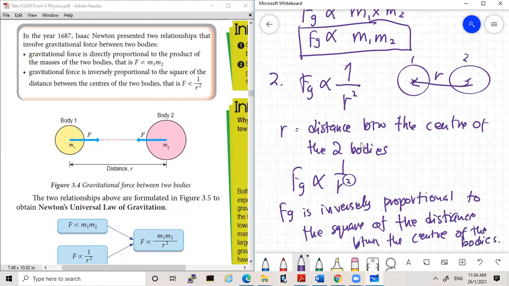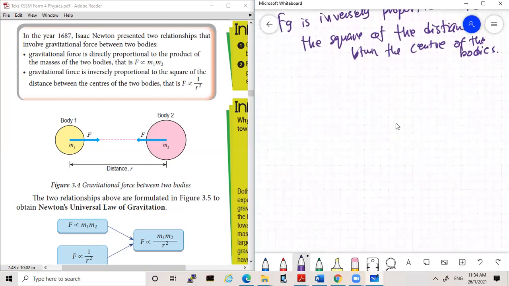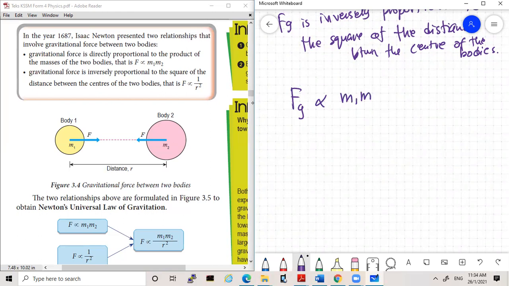Those are the two relationships given by Isaac Newton. If we combine these two relationships, the gravitational force is directly proportional to the product of the two masses M1 and M2, and at the same time inversely proportional to the square of the distance.